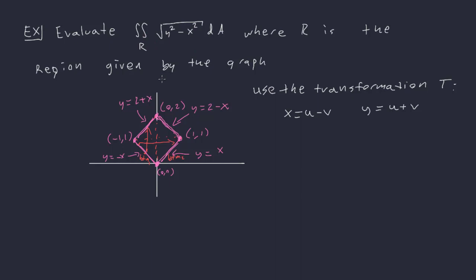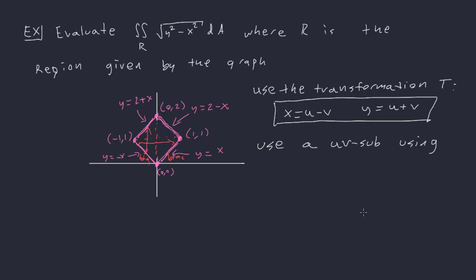Just looking at it, if I don't use a u substitution, it looks as if it might have to be a trig substitution, and we definitely don't want to do that. So we're going to use a uv substitution using this transformation.